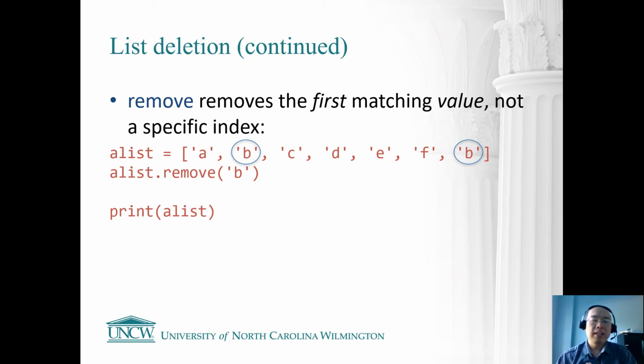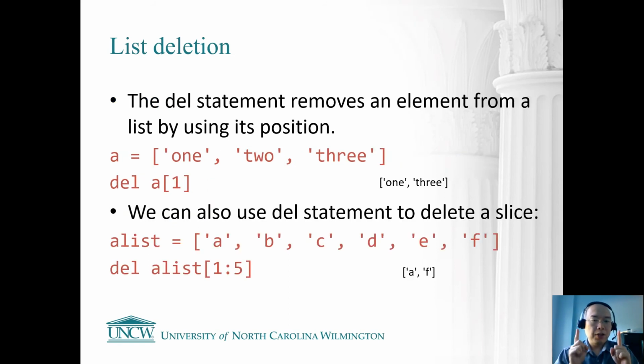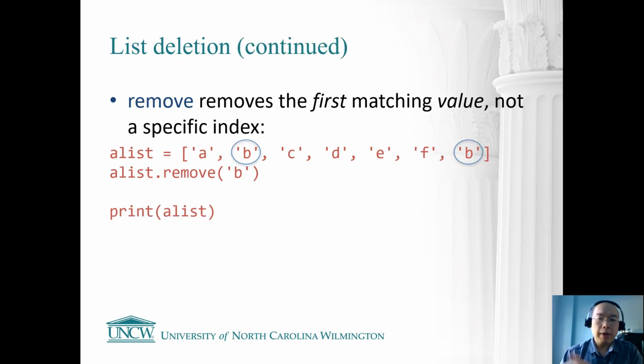We can remove an item by specifying the value. By the way, if we go back to the previous slide, we talked about how we can do the deletion based on indexes, right? Now we talk about how we can do the deletion based on values.